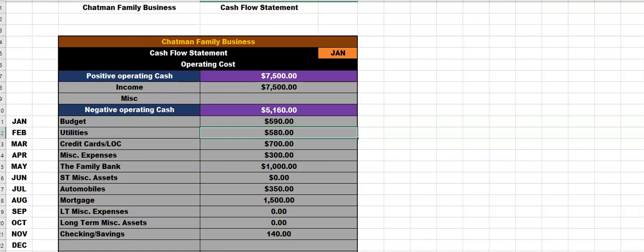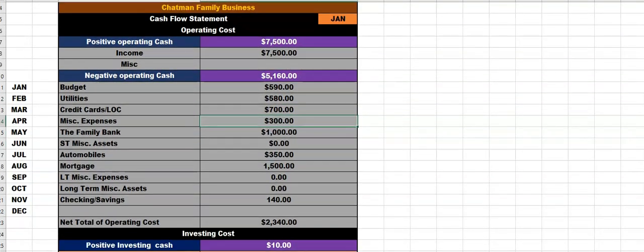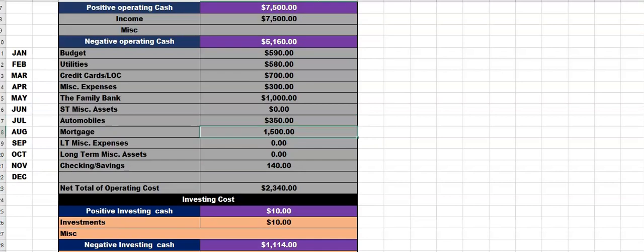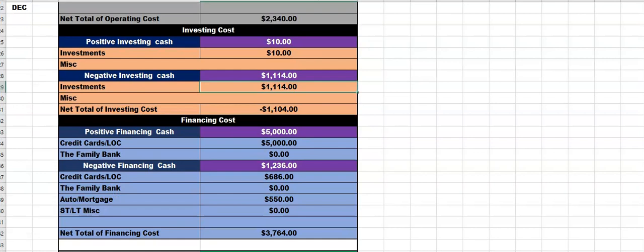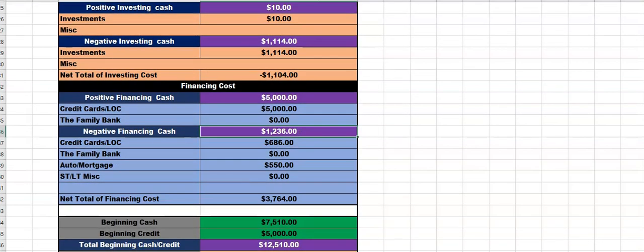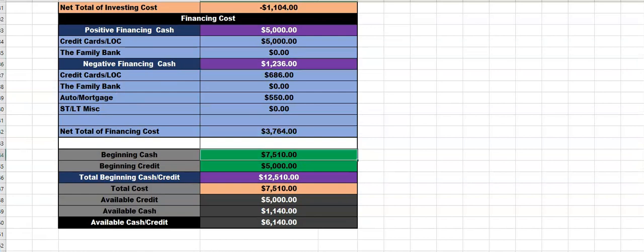So 300 miscellaneous expenses, 1,000 went to the family bank, 350 automobiles, 1,500 to the mortgage, and 140 to the checking savings account. We spent 1,114 on investments. We had 5,000 in credit cards, 600. We had 1,236 in financing costs. So that gave us 7,500.